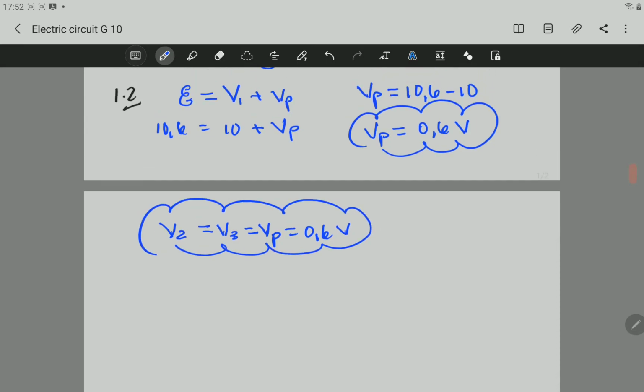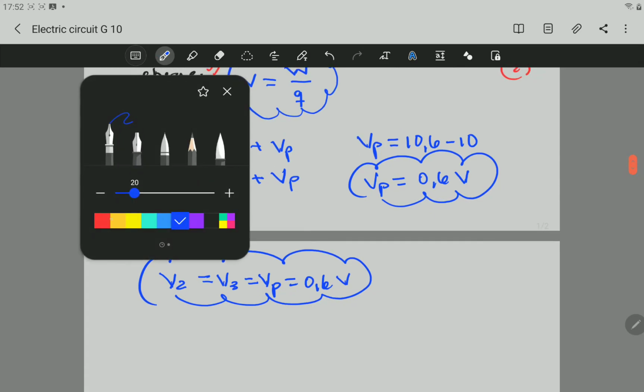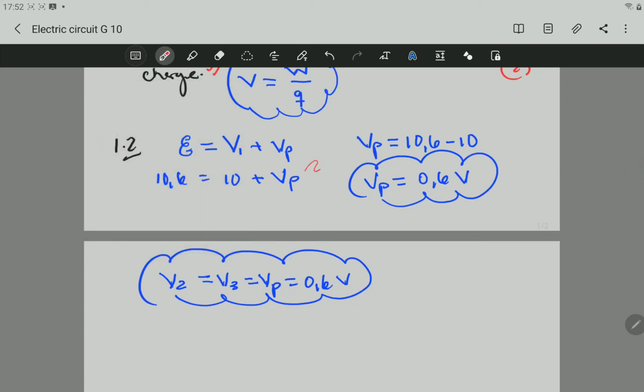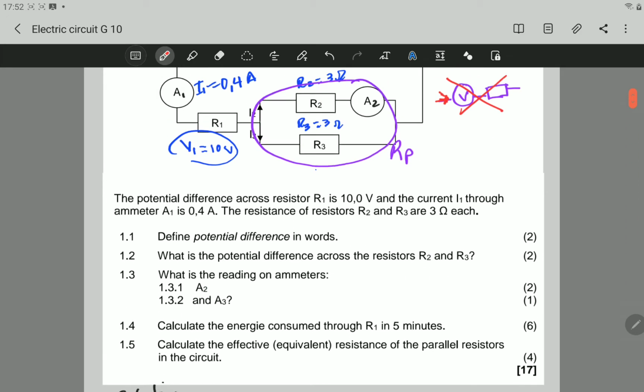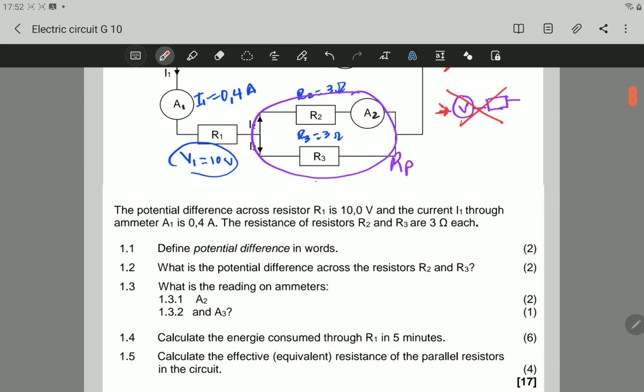If you want to give marks, the mark allocation should be 1 for this substitution and 1 for the final answer. So the potential difference across each resistor is 0.6 volts, and it is the same because the resistors are connected in parallel. Now let's see what the readings of the ammeters A2 and A3 are.